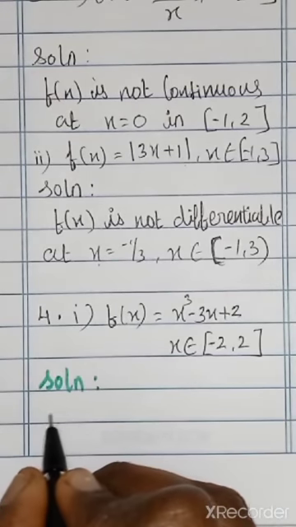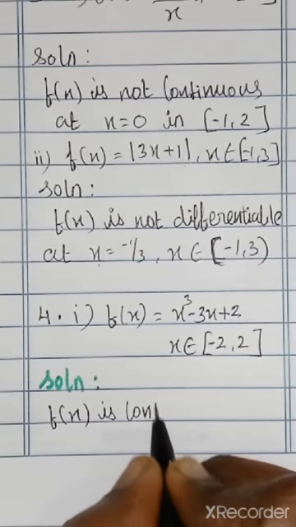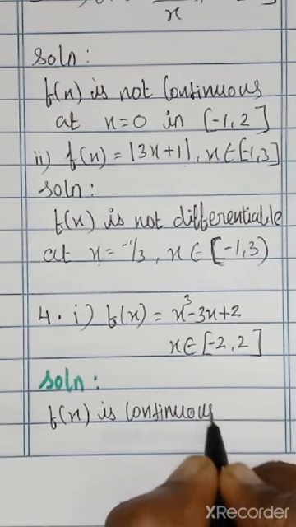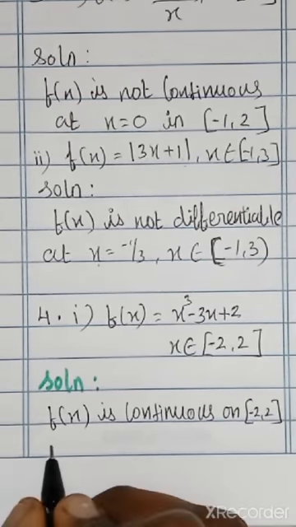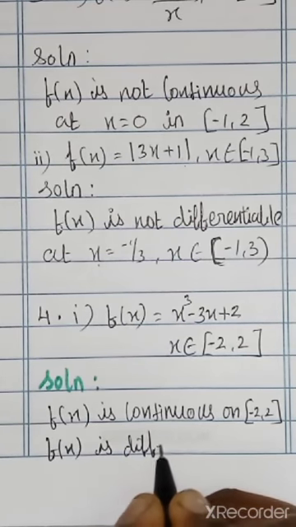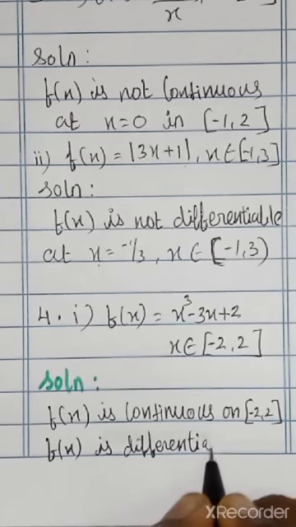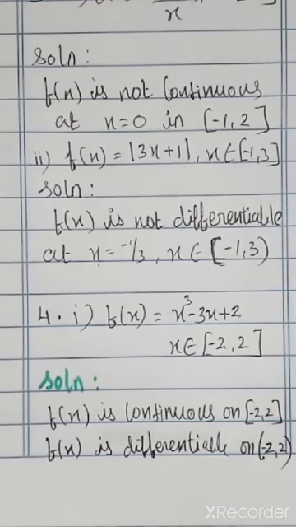So first step, what do you have to take? f of x is continuous on minus 2 comma 2. Next, f of x is differentiable on the open interval minus 2 comma 2.